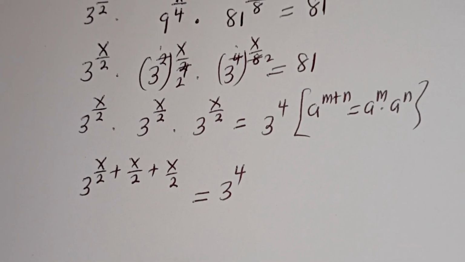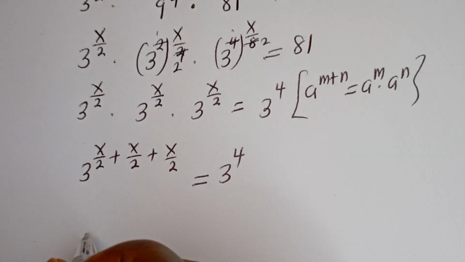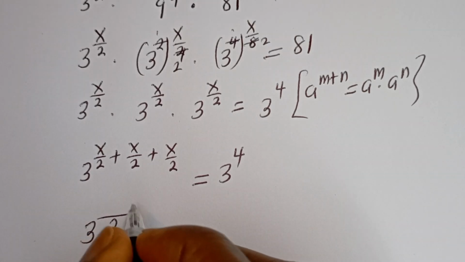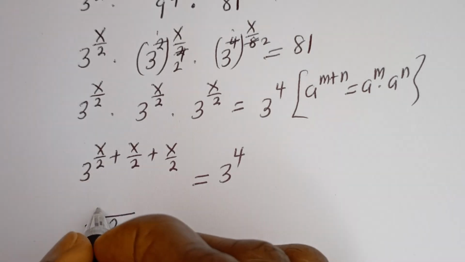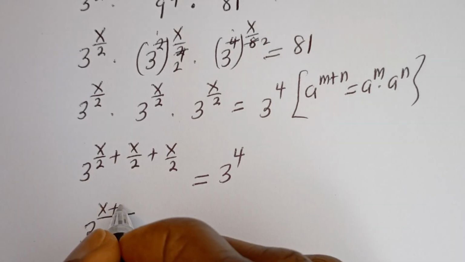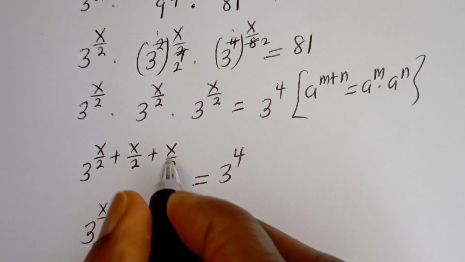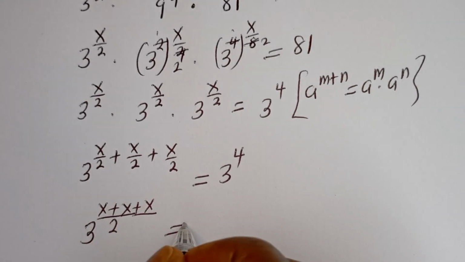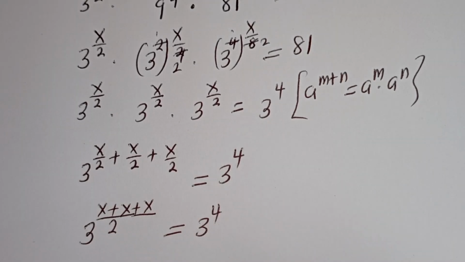LCM here is 2. You have 3 to the power of the LCM is 2. Then 2 into 1 times x, this is x, plus 2 into 1 times x, this is x, plus 2 into 1 times x, this is x, is equal to 3 to the power of 4.